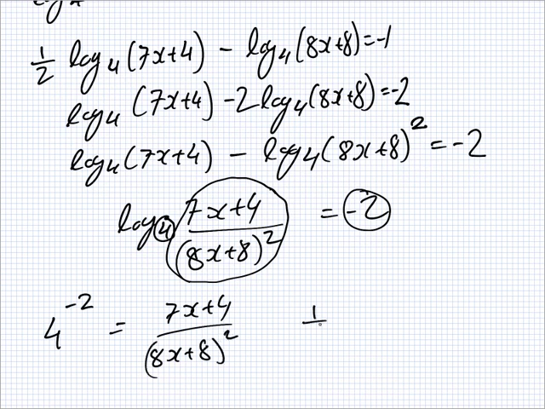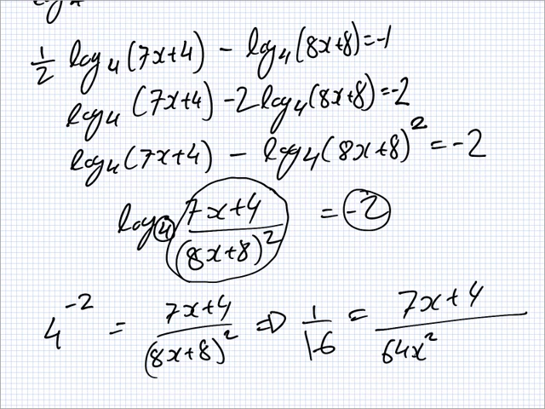So you get 1 over 16 equals 7x plus 4 over 64x squared plus 128x plus 64 when you expand. So what's next? Not yet.